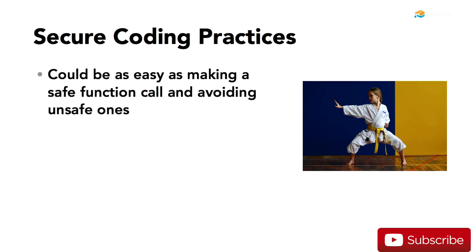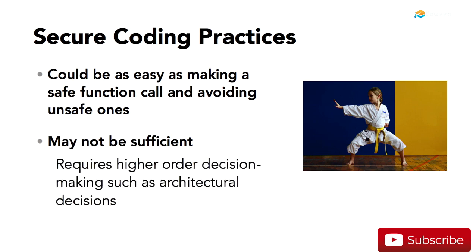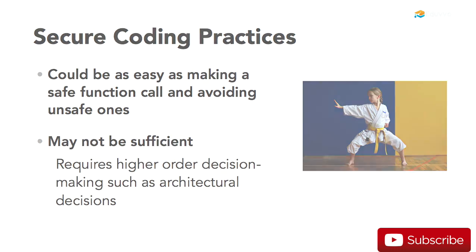Sometimes this is as easy as making a safe function call instead of its unsafe counterpart. Other times, secure coding alone is not enough, and higher-level decision-making is necessary, which is more architectural and design-oriented in nature.